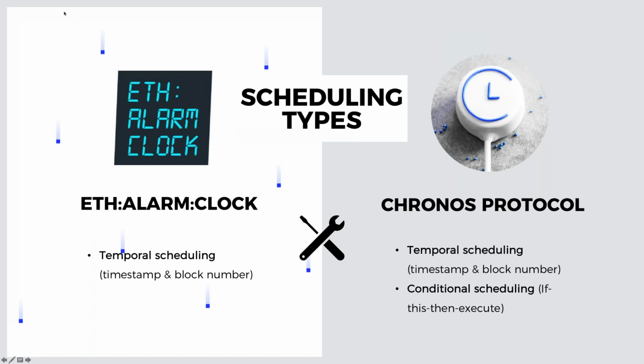Now that we have gone through the basics of these two protocols, I have with me my colleague Anthony, who is a developer here at ChronoLogic, amazing guy, and we will do a split panel for some of the differences between the Ethereum Alarm Clock and the Chronos protocol. So Anthony, say hi to the guys. Hey, thanks, Joseph.